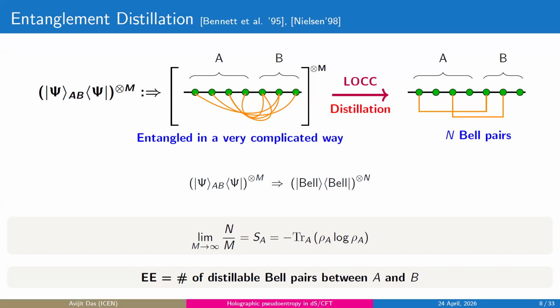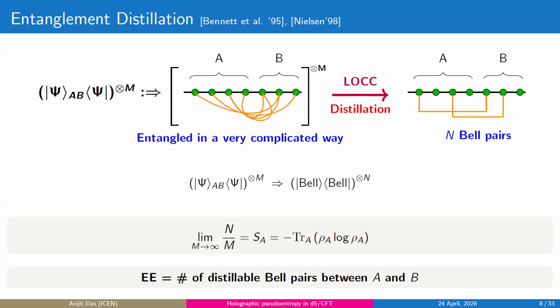Let's say there are M Bell pairs here or N Bell pairs here, and you can see that this complicated correlation becomes just a simple number of Bell pairs. For the perfect measurement, I am taking M copies of the system instead of a single copy, for statistical improvement. Once you do that, you can show that these n copies of your initial entangled state are now n copies of the Bell state.